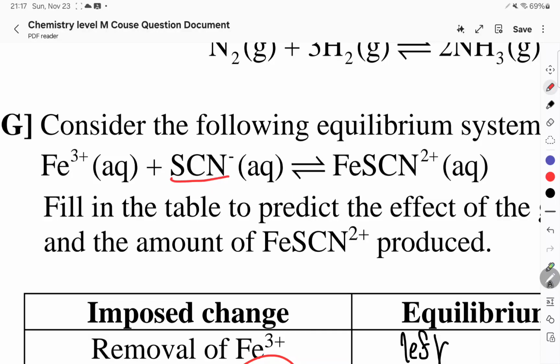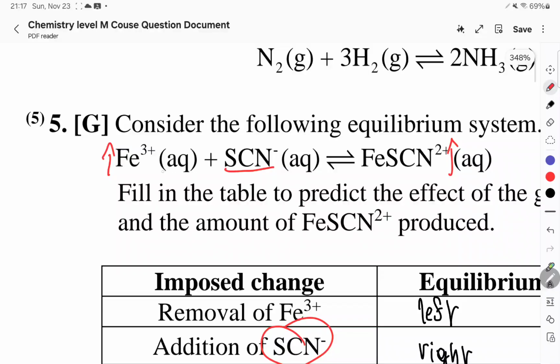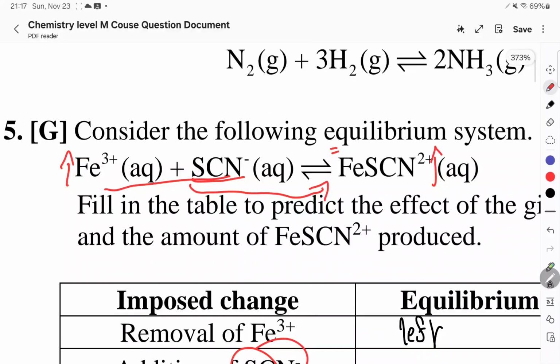So what happens here? When they increase the reactants, the equilibrium will try to increase the products. Concentration inside the reactants will move to the products in order to keep concentrations constant. Sorry, not equal, but constant. And so then everything can stay stable.